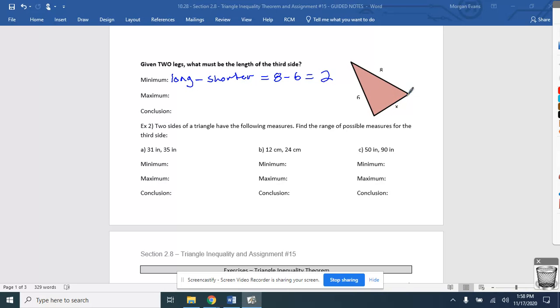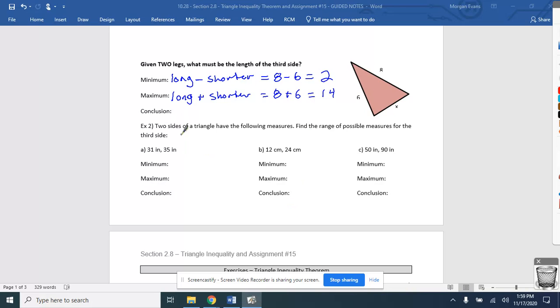And what's the maximum it could be without going over? Well, the max it could be would be the sum of these two. So the max would be that longer plus the shorter. 8 plus 6, which would be 14.